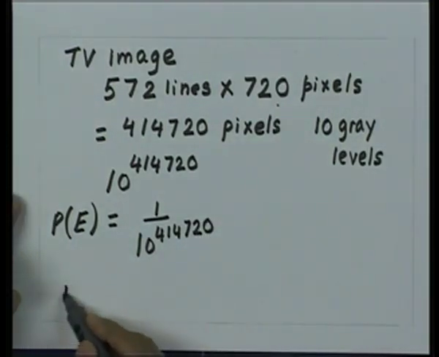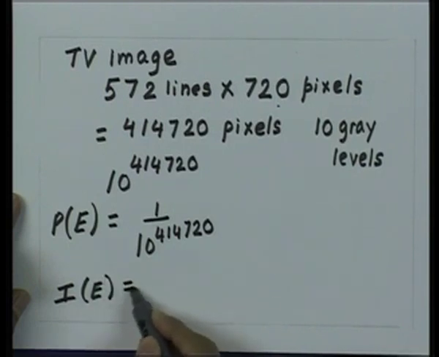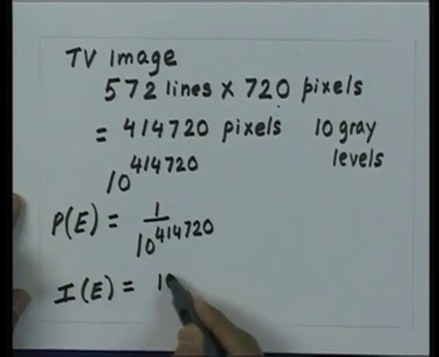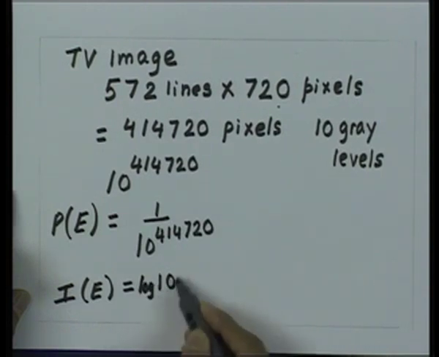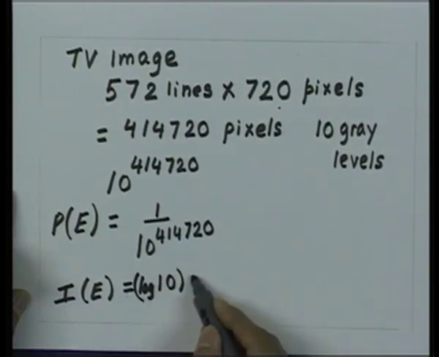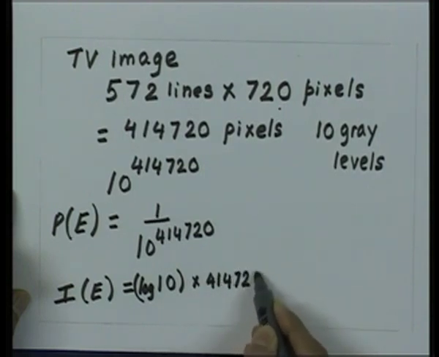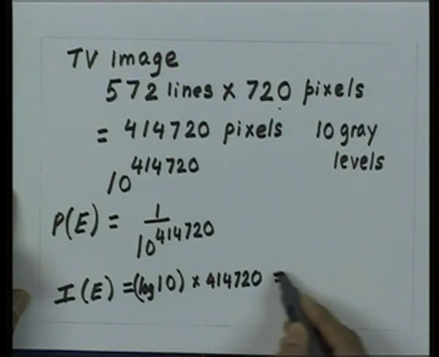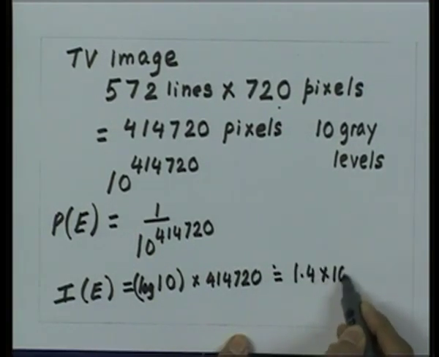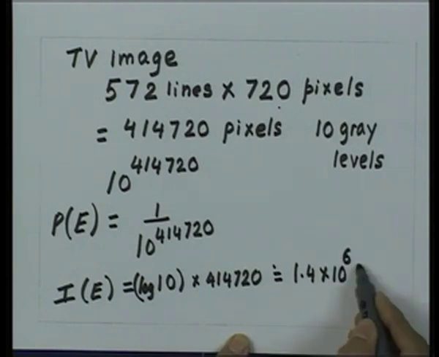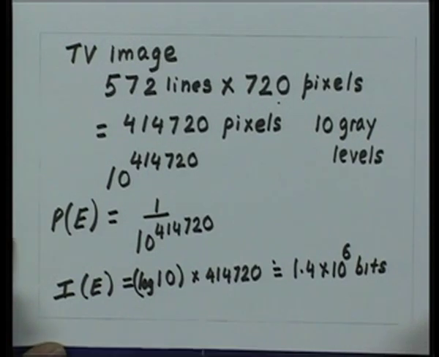And now the calculation of the information for this TV image is straightforward. This comes out to be approximately 1.4 into 10 raised to 6 bits.